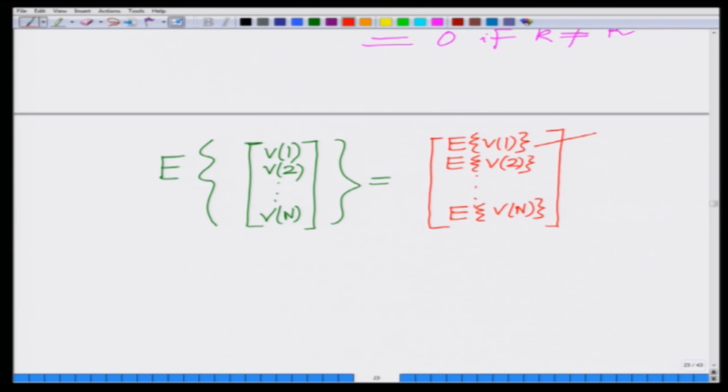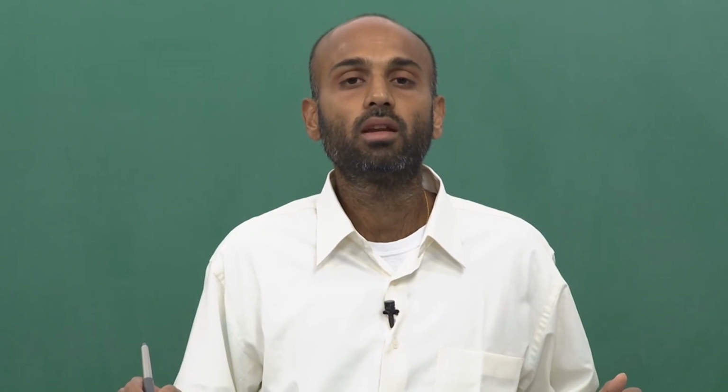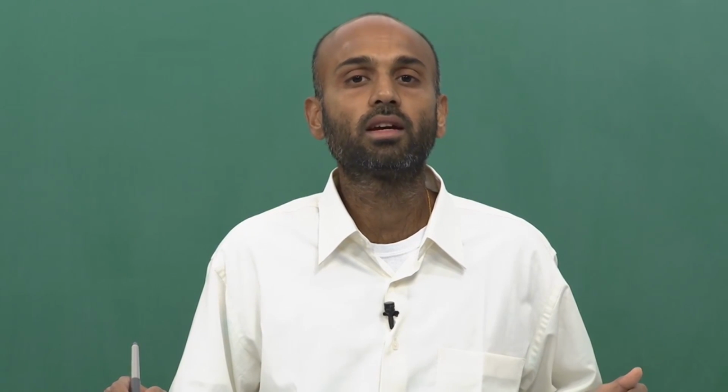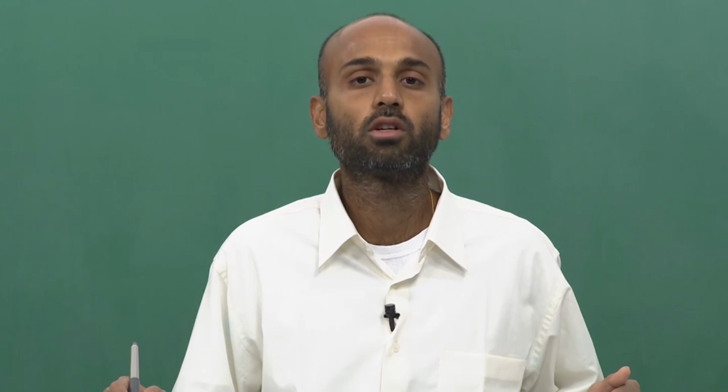Each of these is equal to 0, since the noise is 0 mean, so this is simply the 0 vector. So the expected value of V bar is simply the 0 vector. It is understood that it is a vector, since we are talking about a vector. So, the expected value of the noise vector is 0.